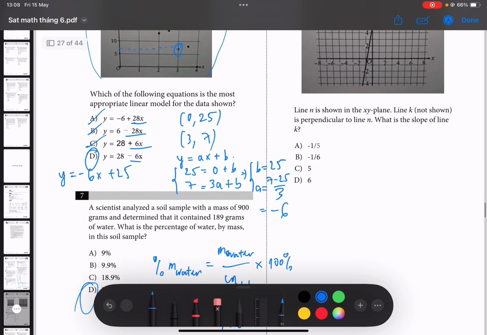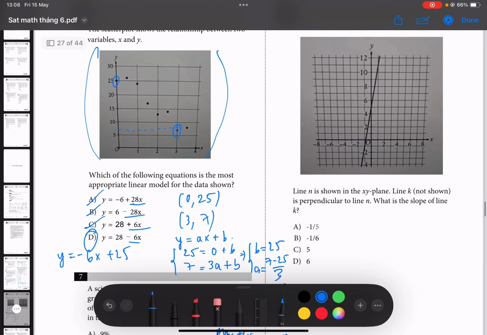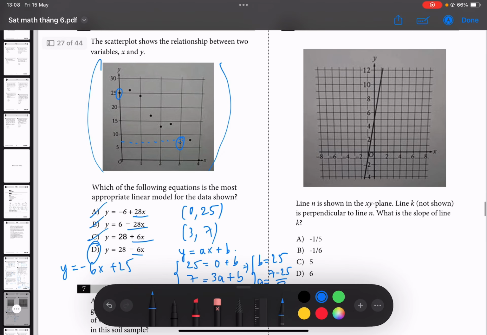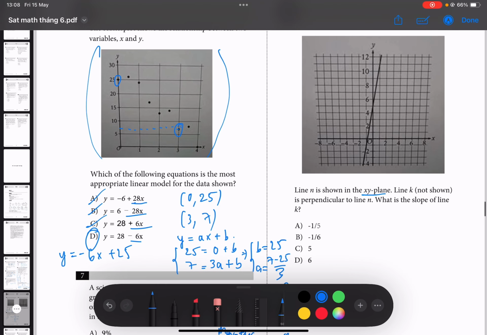So moving on to number 8. Line n is shown in the xy-plane. This is line n, and line k, not shown, is perpendicular to line n. What is the slope of line k?